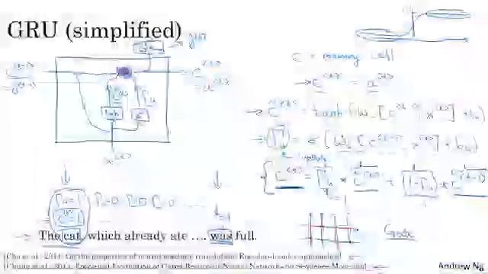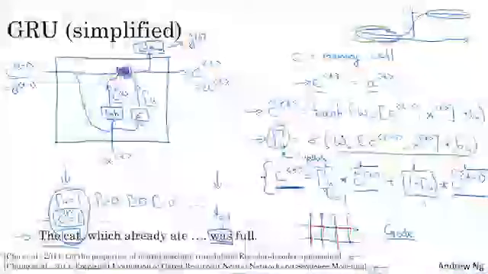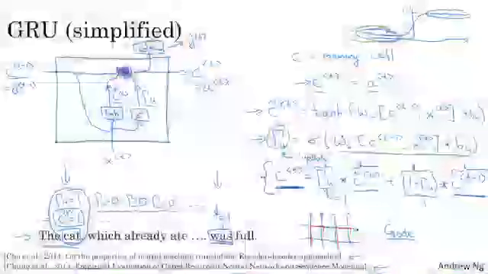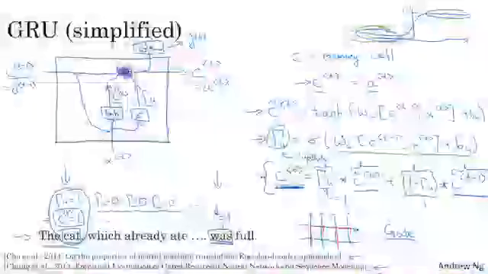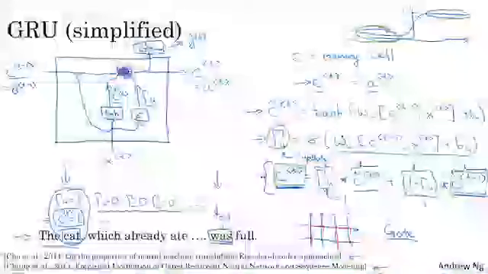So long as this quantity is a large negative value, then up to numerical round off, the update gate will be essentially 0, very, very close to 0. So when that's the case, then this update equation ends up setting CT equals CT minus 1. And so this is very good at maintaining the value for the cell.